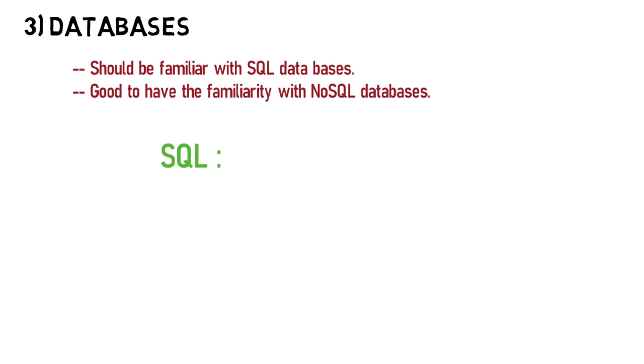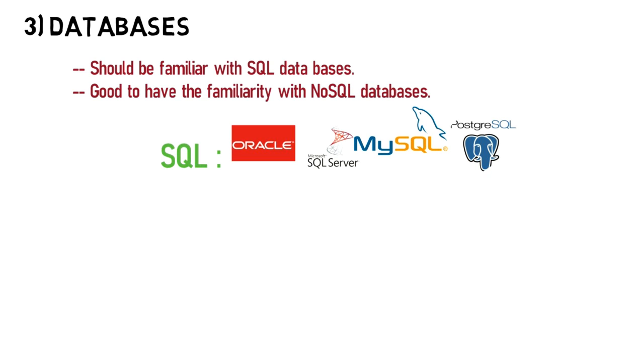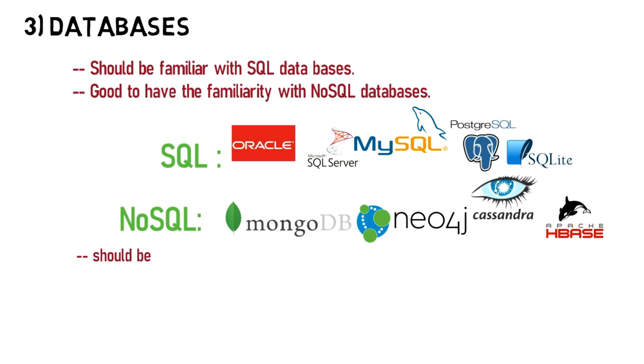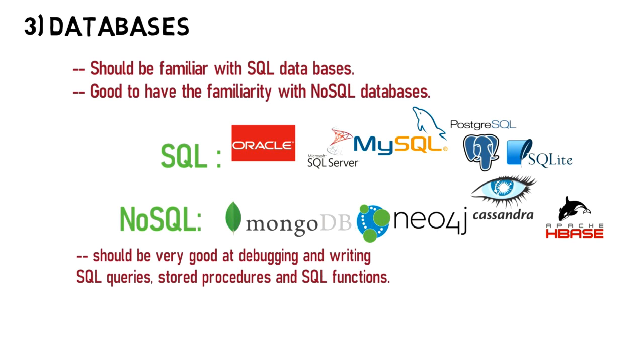Under SQL, we have popular databases such as Oracle SQL, Microsoft SQL, MySQL, PostgreSQL, and SQLite. And under NoSQL, we have MongoDB, Neo4j, Cassandra, and HBase as popular databases. You should be very good at debugging and writing SQL queries, stored procedures, and SQL functions.